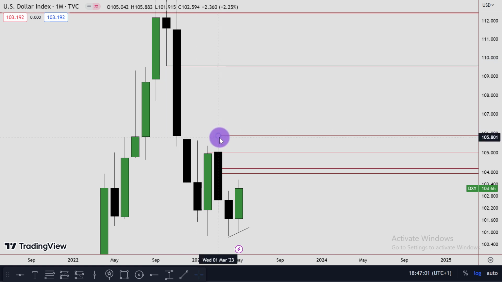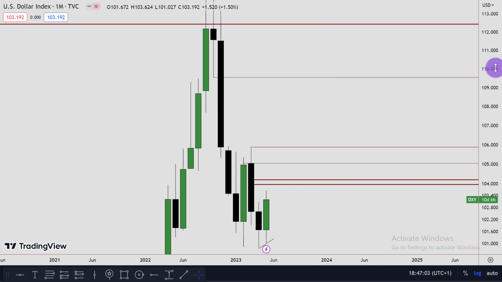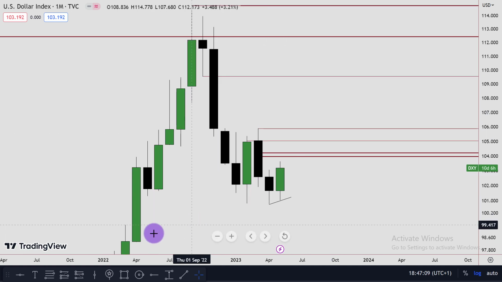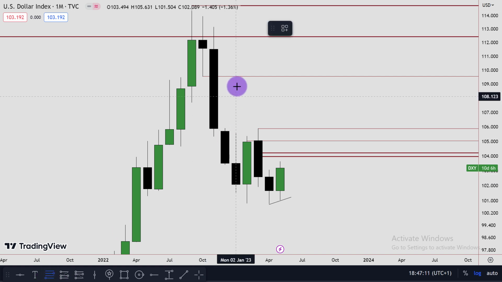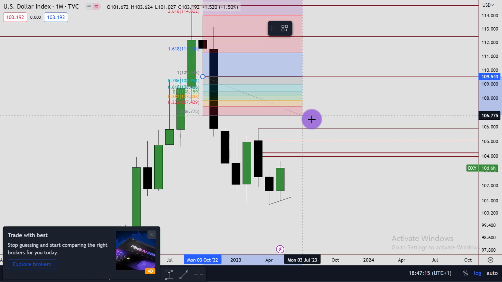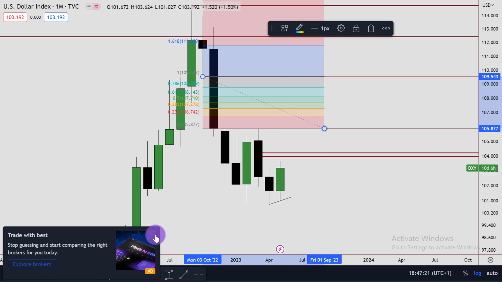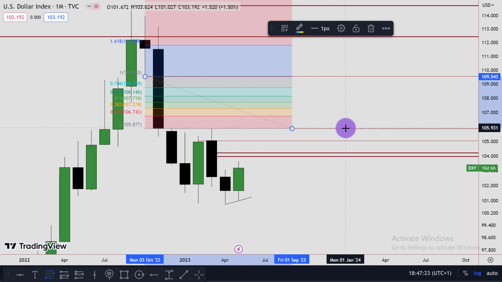The low to the high here, that's a sell side imbalance and a buy side inefficiency, and 50% of this range is called consequent encroachment. Alright, that's 50% of a large imbalance or fair value gap. It's called consequent encroachment, the CE. So we are still paying attention to all of these levels.